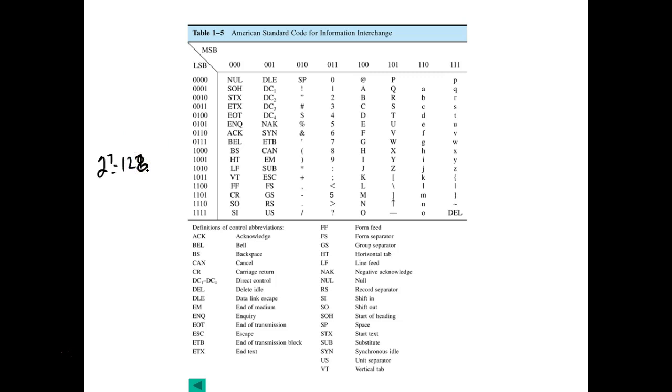The way this is set up, notice the top of the chart is called MSB, the most significant bits, and then the rows are the least significant bits, right? Everybody understand that? So the first 2 columns are what we call control codes.